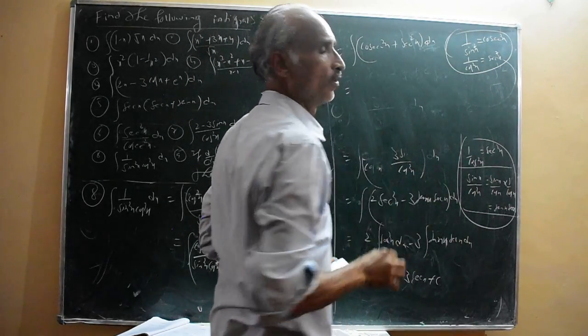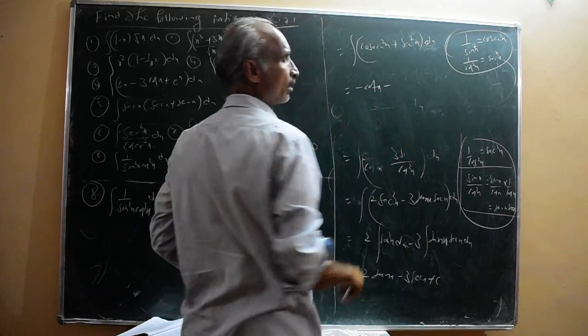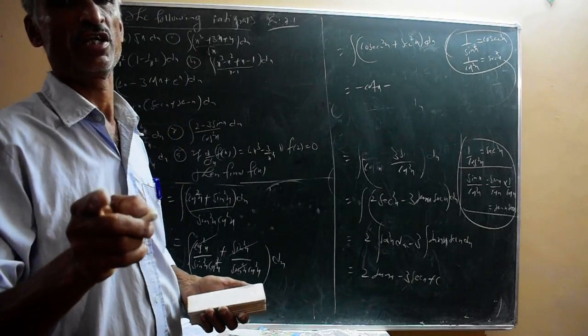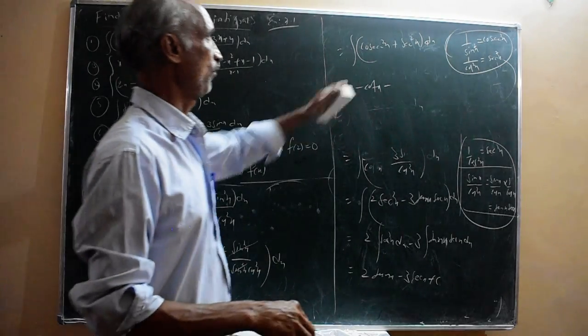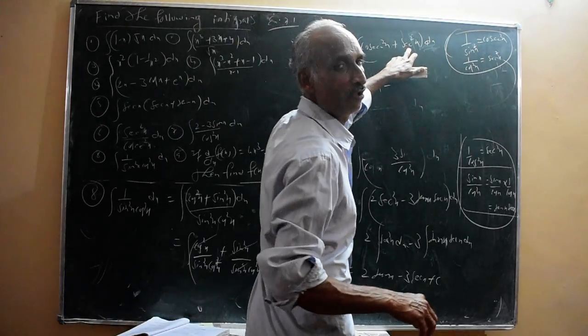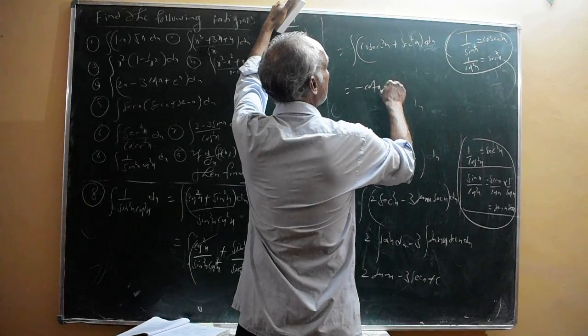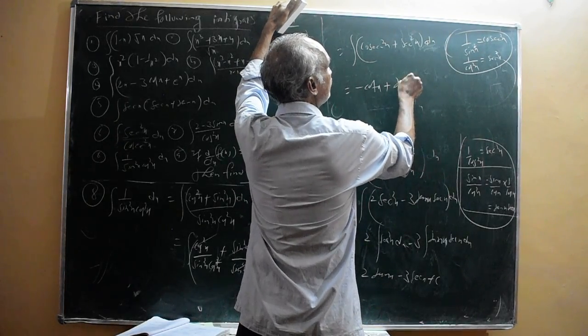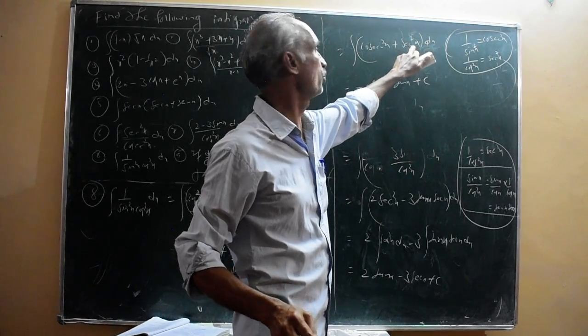What is the integration of cosec square x? Minus cot x. Formula chart: differentiation of minus cot x is cosec square x. Therefore integration of cosec square x is minus cot x. It is given in the formula chart. Integration of sec square x: whenever plus or minus is there, you integrate each and every term. Plus sec square x integration is tan x, because differentiation of tan x is sec square x.